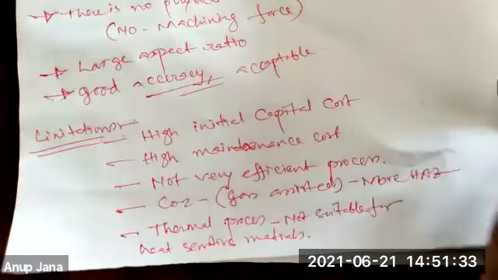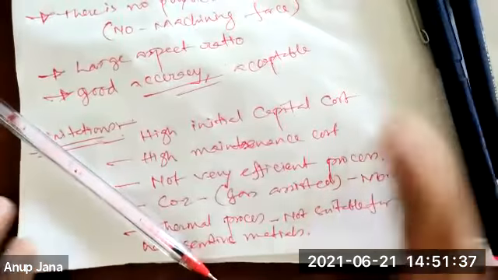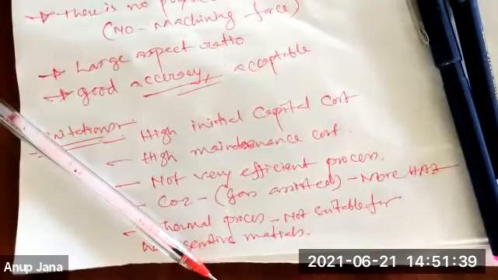To sum up, have you noted down everything? We have already covered in this unit the EBM and LBM equipment, and both work on the principle of melting and vaporization. We have noticed that these two machining processes are thermal erosion processes.